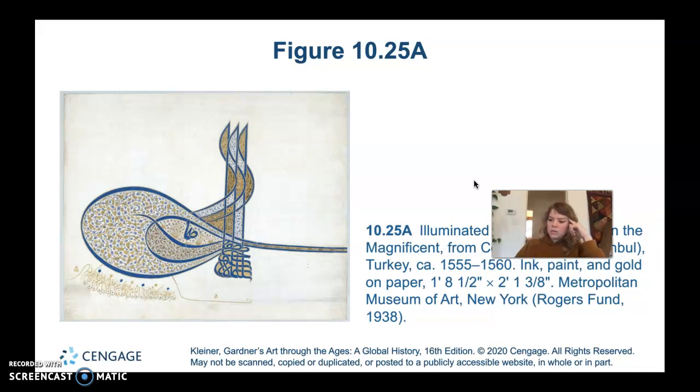The Ottoman Turks conquered Constantinople in 1453. Constantinople is now Istanbul, is what I meant by that. Back in the day, it was Constantinople, and the Ottoman Turks conquered that in 1453. And here they firmly established their architectural code of dome-on-cube construction of their mosques.